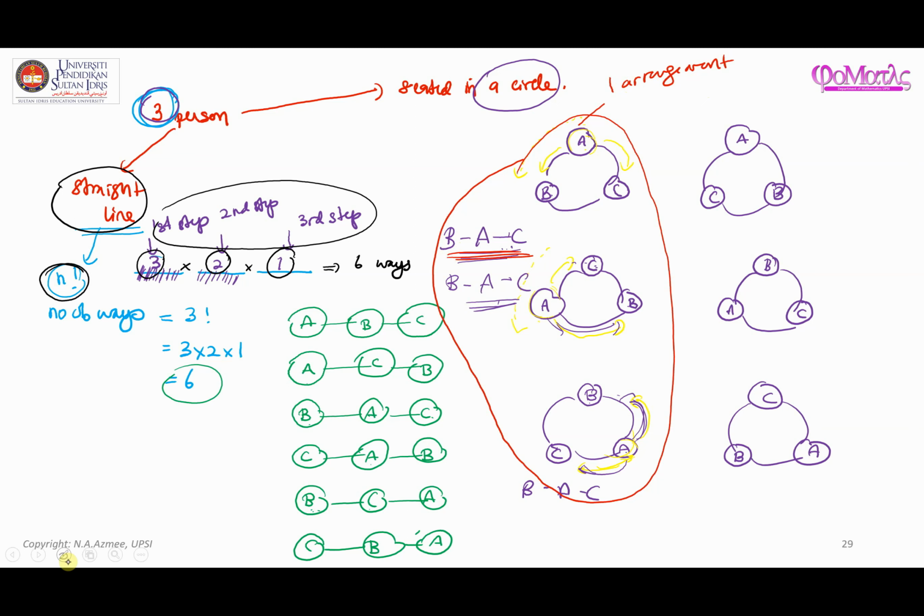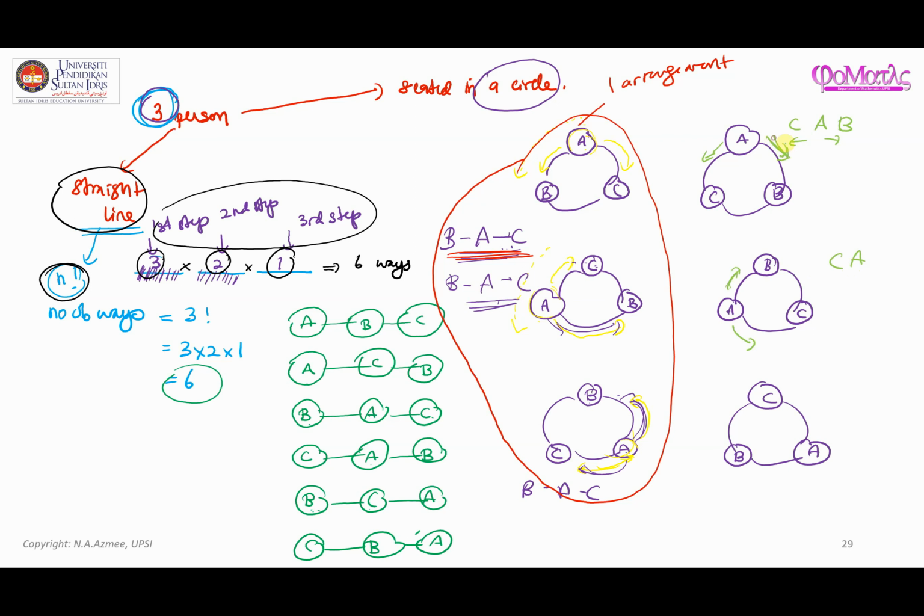Now, following the same argument, you can see that for this one, to this side is C and to this side is B. So the arrangement is C, with A in the middle, and B on the other side. For the second figure, it is the same arrangement where you have A in the middle, C is this one, and B is that side.